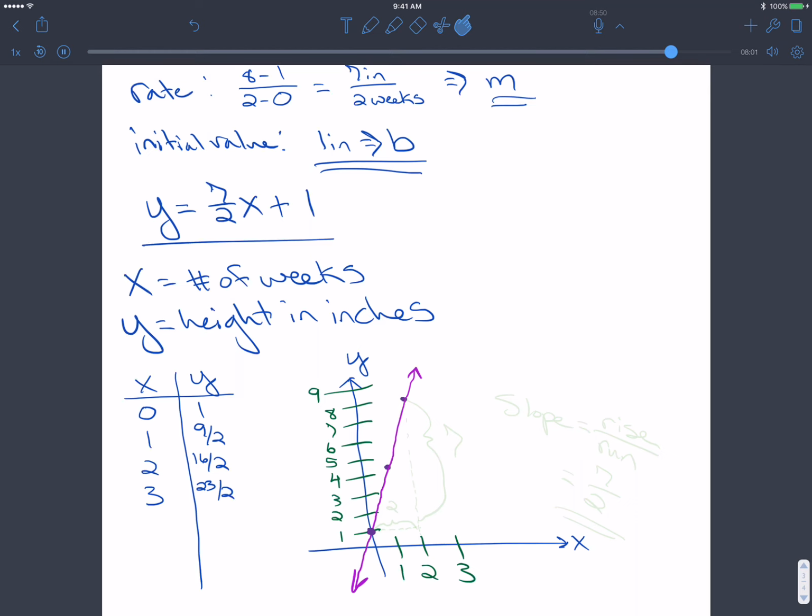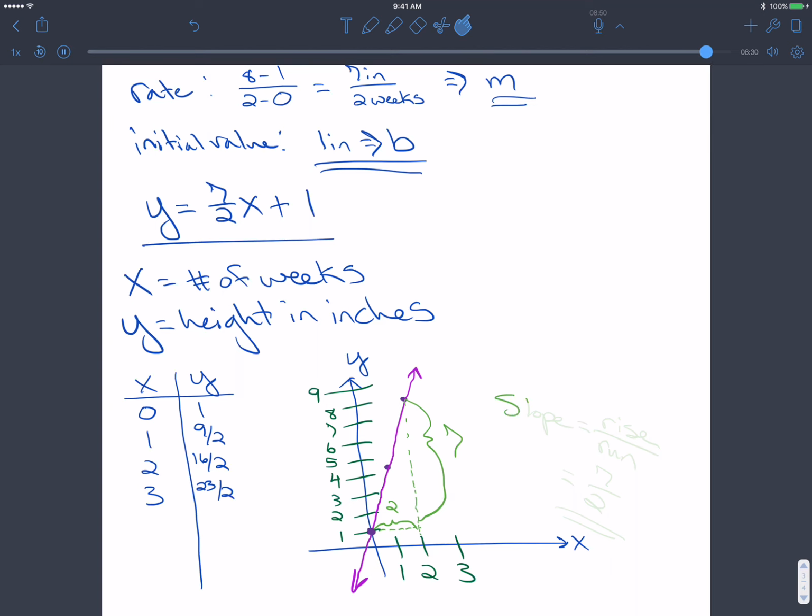With rise over run, I'll use a light green, dotted down and over. I can see that from 1 to 8, this distance is 7. And from 0 to 2, this distance is 2. So rise is 7 and run is 2.